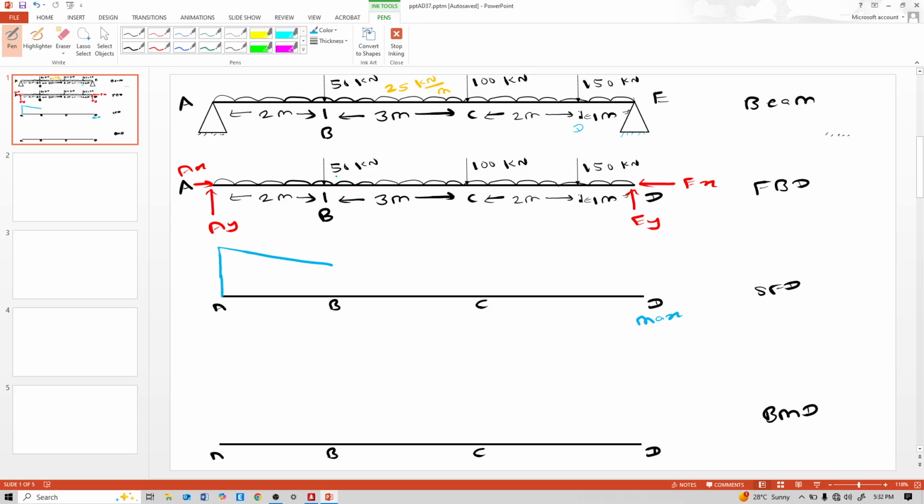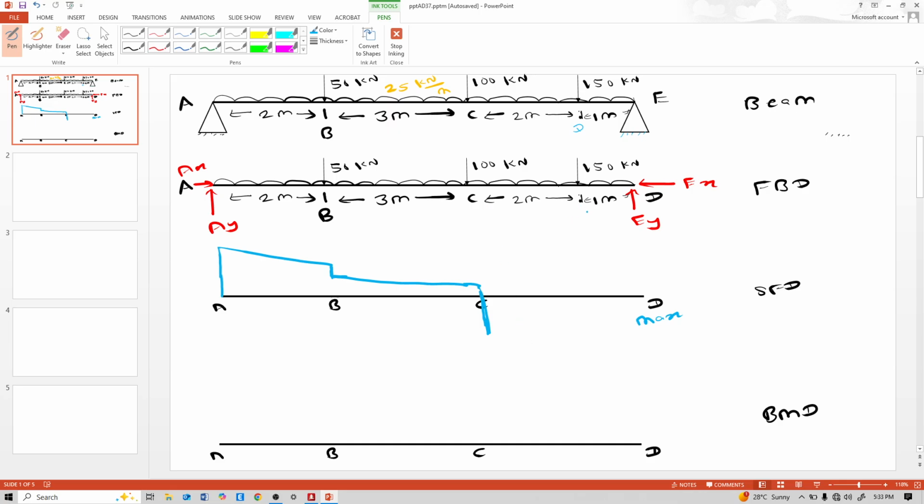This 50 kilonewton is downward, so the shear goes downward. Again BC is uniformly distributed load, so it is again an inclined line. At point C, this 100 kilonewton is downward, so here it goes downward.